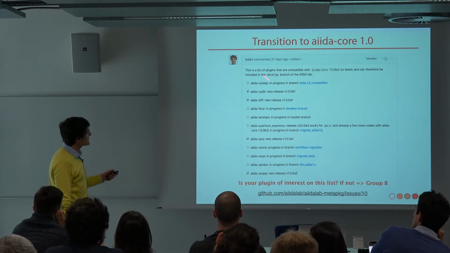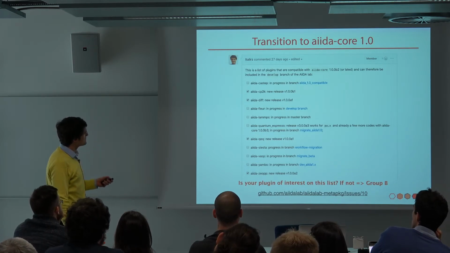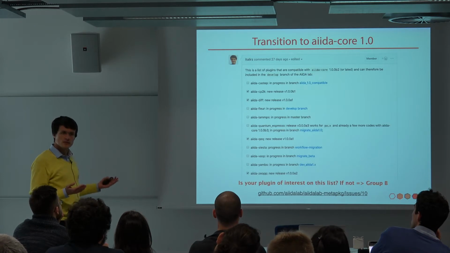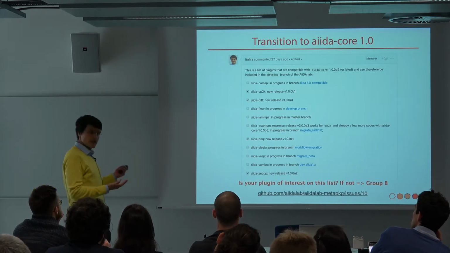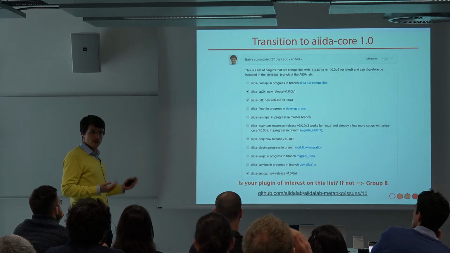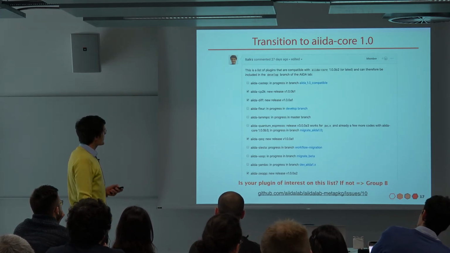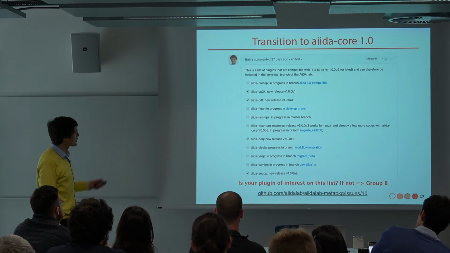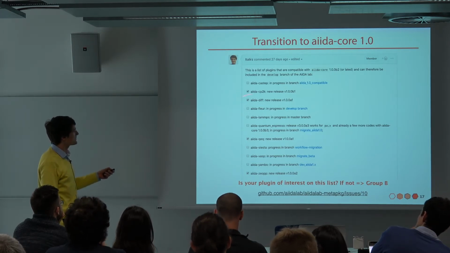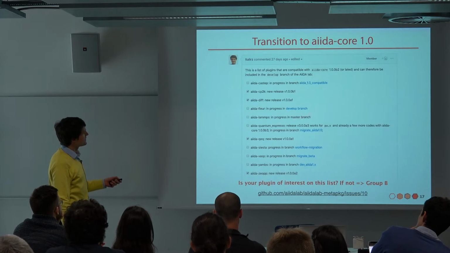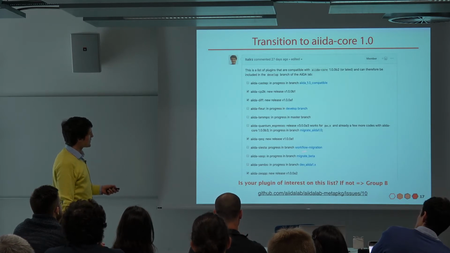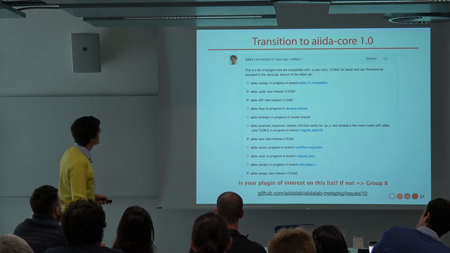These are the plugins that have some basic compatibility with AiiDA 1.0, and that you should be able to use for writing plugins in working group A. So not only the ones with tick marks, these are the ones that have made releases. Many of them are at this stage where they work in a particular branch, but that should be okay.